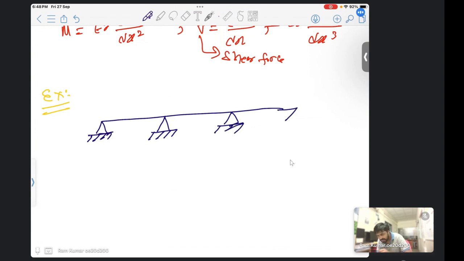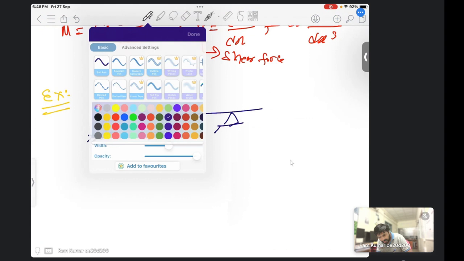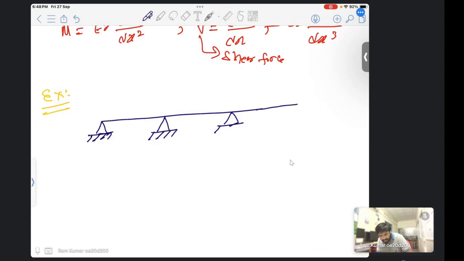Fourth one also. This is total four, and we are putting one load here.